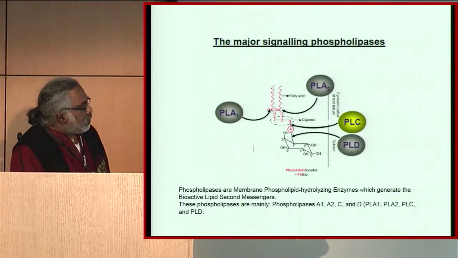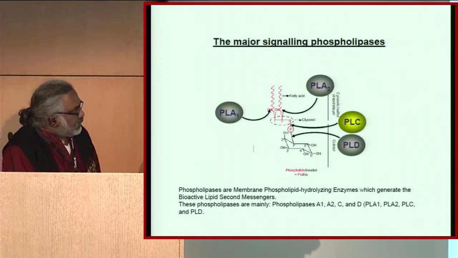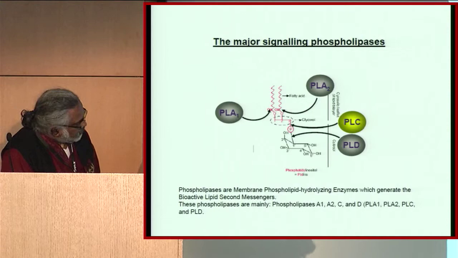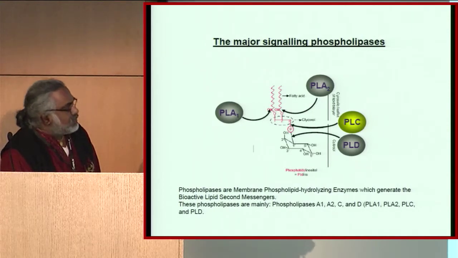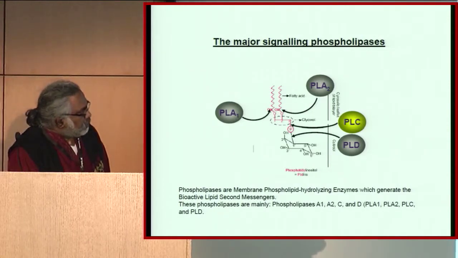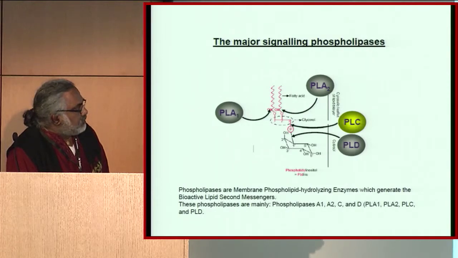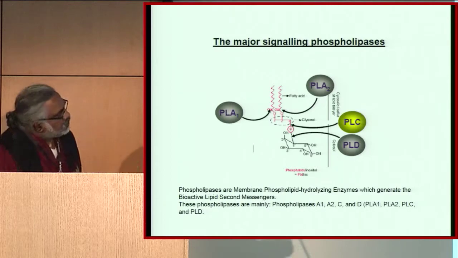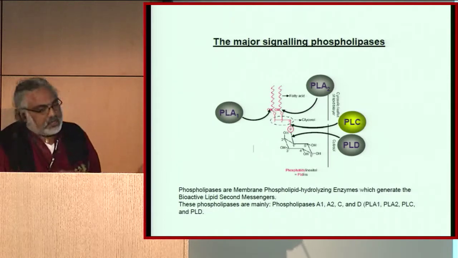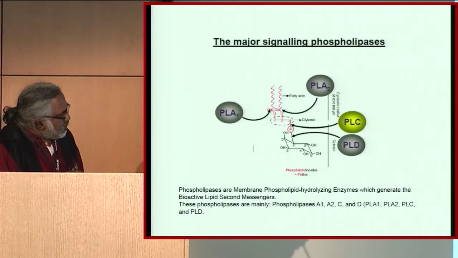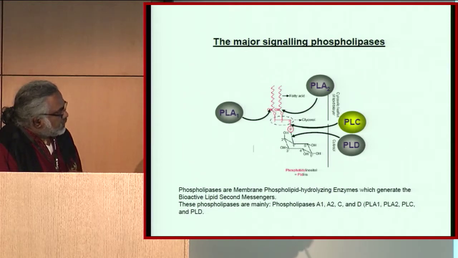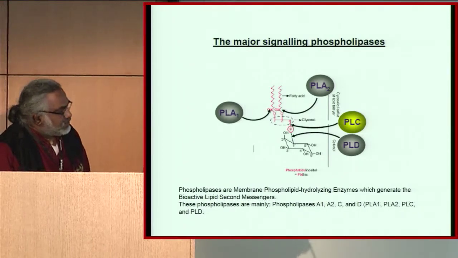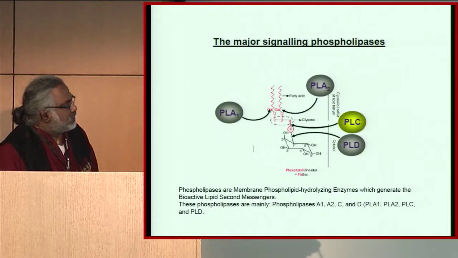If you look at the glycerol backbone, at position number one of the phospholipid is a fatty acid, usually a saturated fatty acid. In the 2 position there is an unsaturated fatty acid. And in the 3 position, the phosphate and the head group are attached. According to the glycerol stereochemistry, in the SN1 position, if the enzyme hydrolyzes the saturated fatty acid, it's called PLA1, or phospholipase A1.